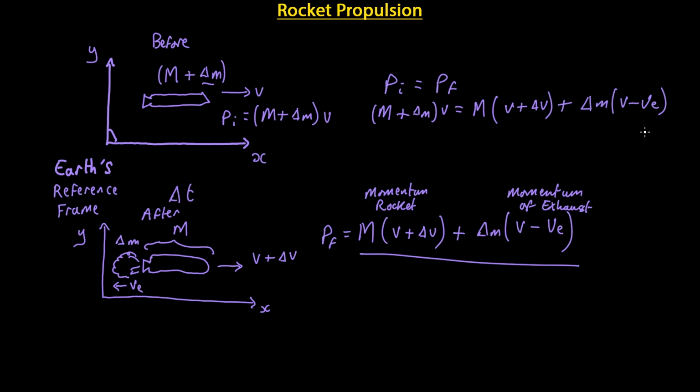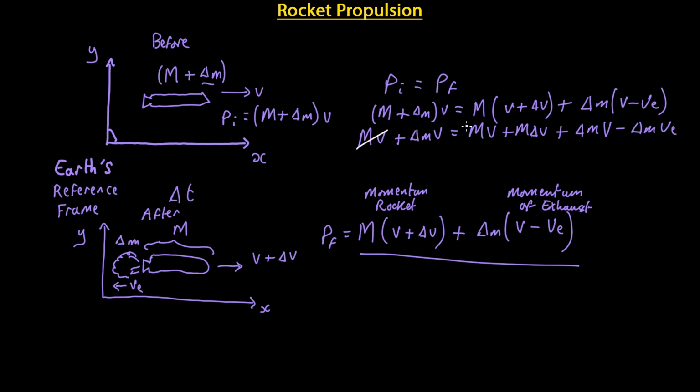And we can expand this out now and simplify it. So mass times velocity plus the mass of the fuel times velocity is equal to capital M multiplied by velocity plus capital M delta V plus the small mass of the fuel multiplied by velocity minus delta M, the velocity of the exhaust. And you see here on both sides of the equal sign, there are terms that we can cancel out.